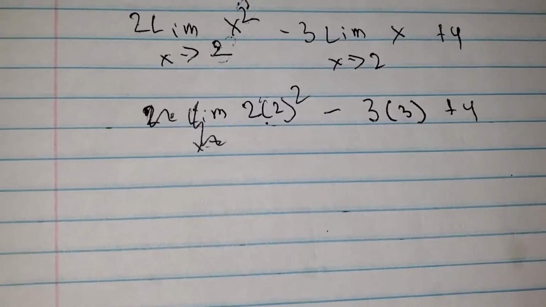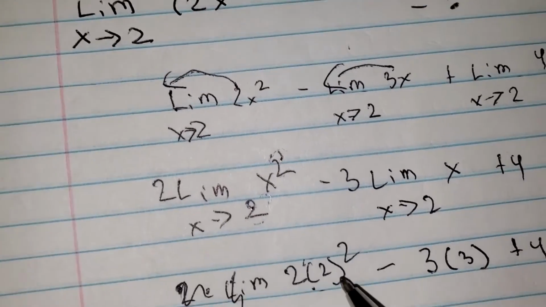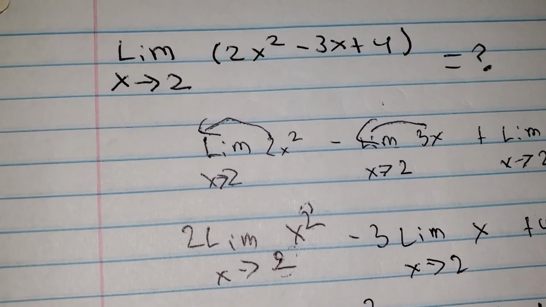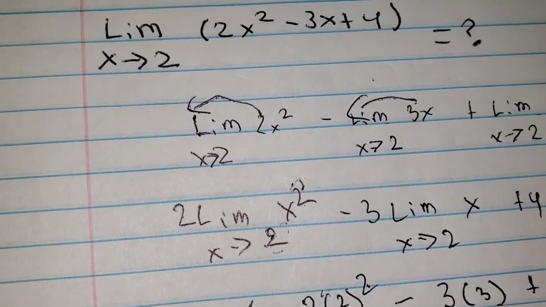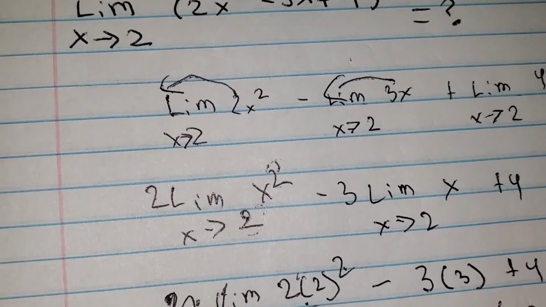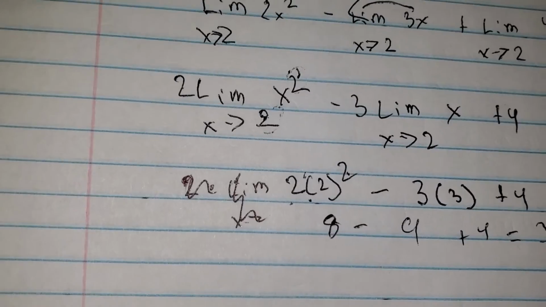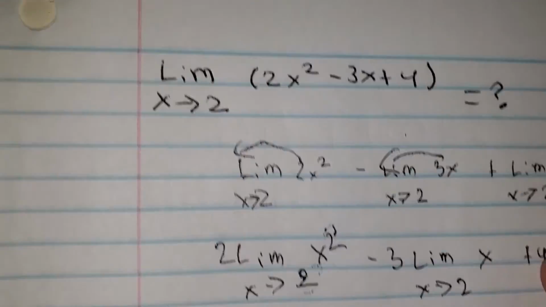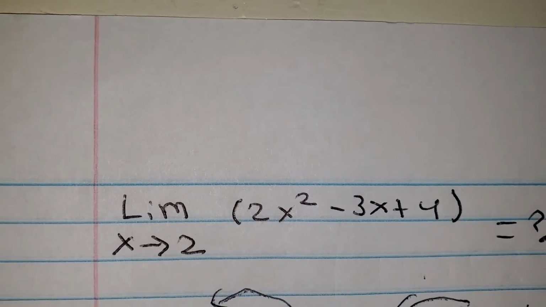Sorry for the shakiness. And so we're just simplifying this down. 2 squared is 4 times 2 is 8, minus 6, plus 4. So 8 minus 6 plus 4 is 6. Okay. So we can say this limit as we approach 2 is equal to 3.